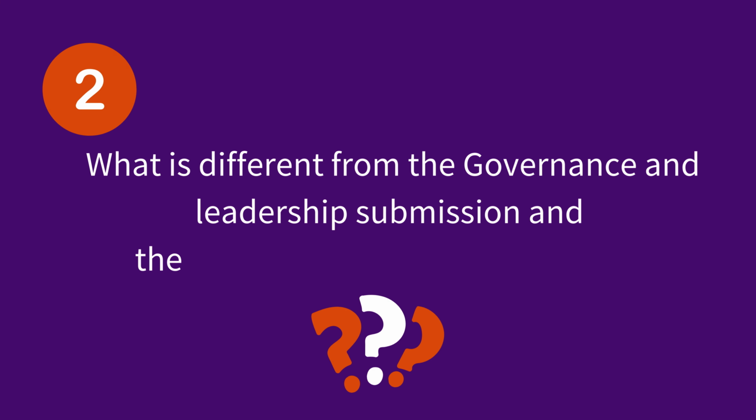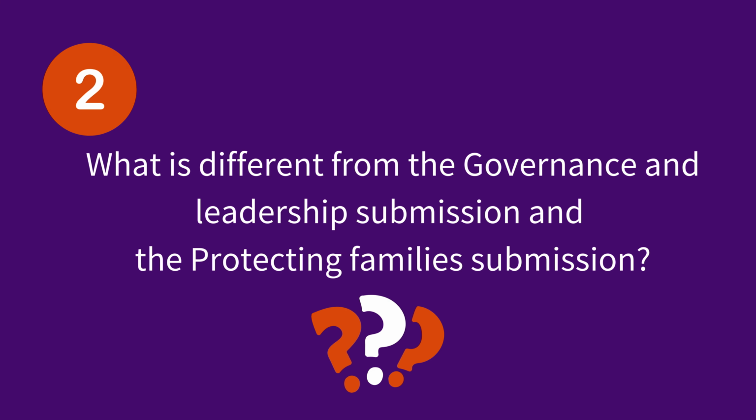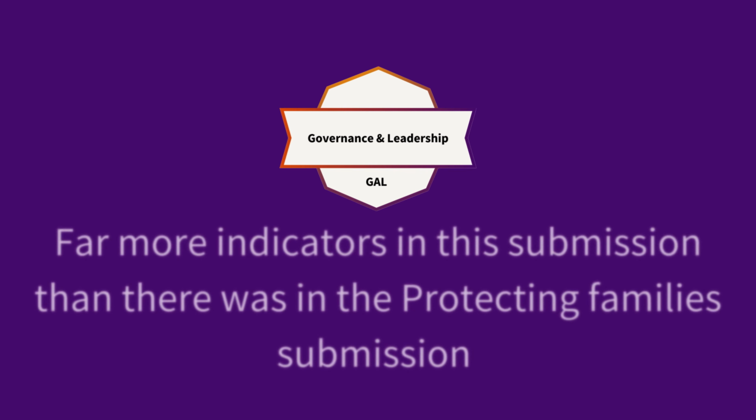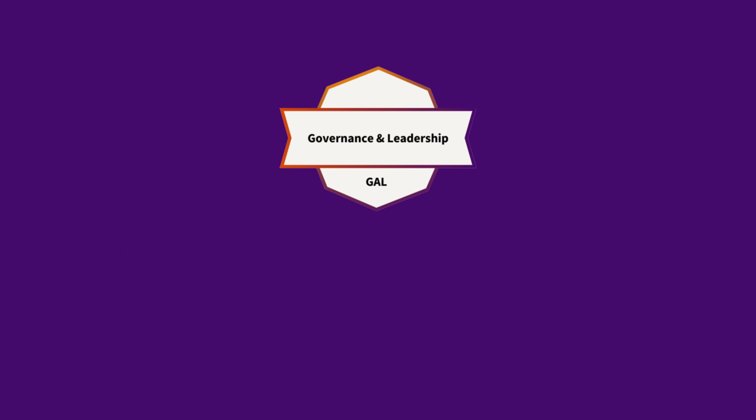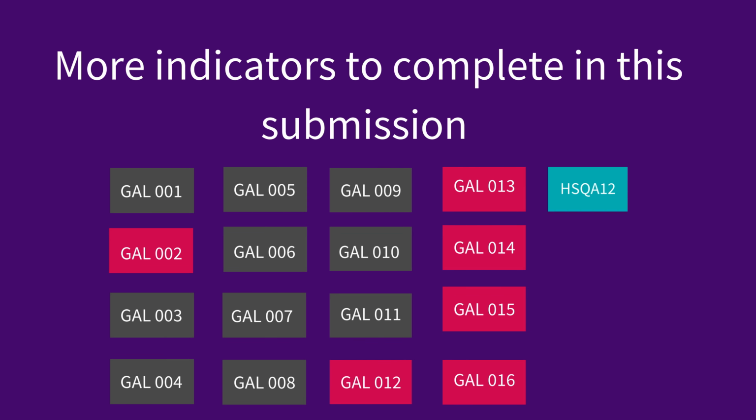So what is different about the governance and leadership submission from the protecting families submission? So the first thing you'll notice about the governance and leadership standard is that there are far more indicators in this standard than there were in the protecting families, which only had 3 indicators. The other thing you will notice is that these standards have different status.